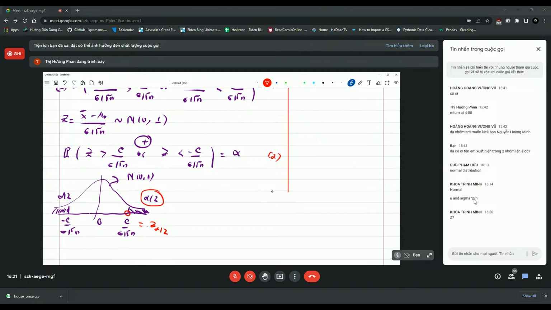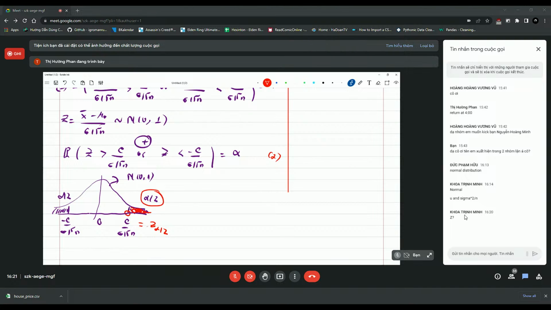This is the upper 100 alpha over 2 percentile of the standard normal distribution. It is the value of z such that the probability of Z greater than this value, or equivalently, the region under the density function greater than this value, equals alpha over 2.